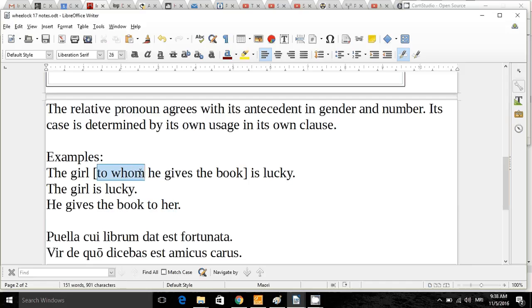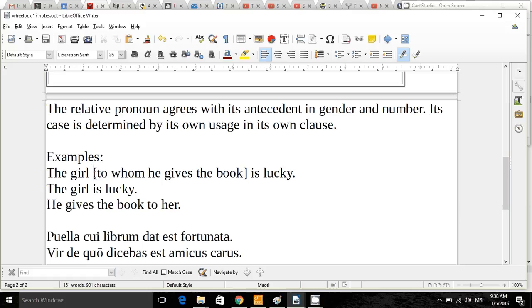that we want to make into one sentence, to whom. So whom in English is called the objective case. It's doing what the dative and the accusative do, and the genitive for that matter. The girl to whom he gives the book. You don't say the girl to who he gives the book, because who is nominative. You have to say to whom.